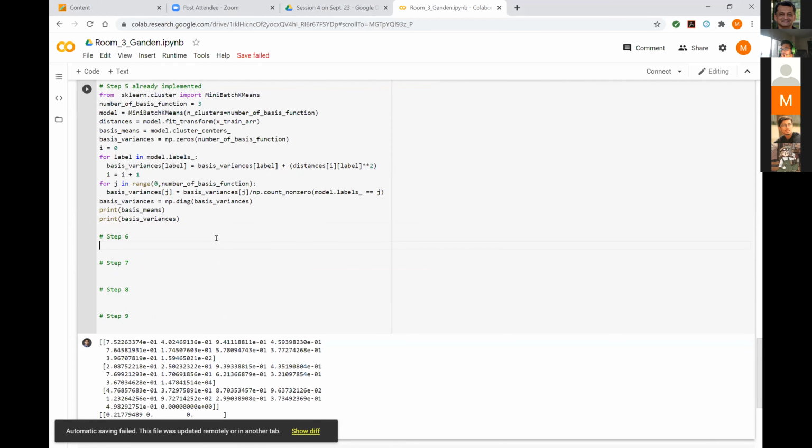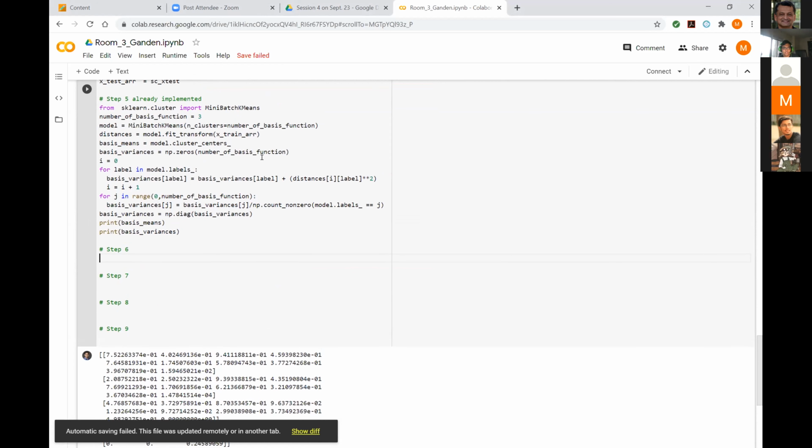I'm not really a seasoned programmer. So is the basis_variance the design matrix or the features? Any idea? Scale features.